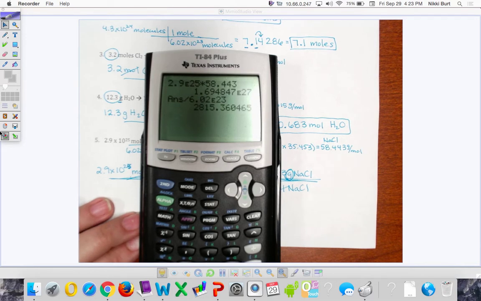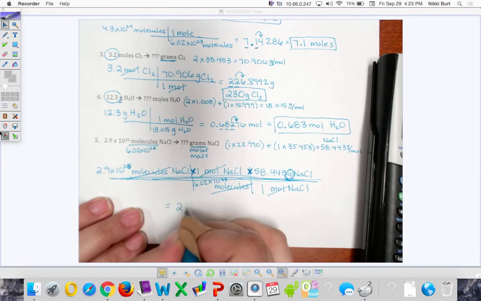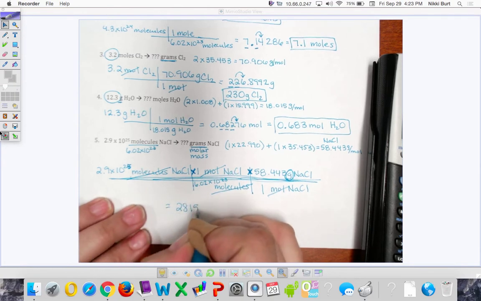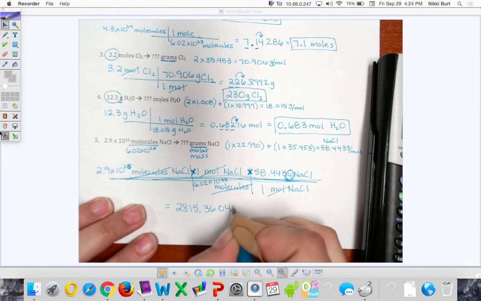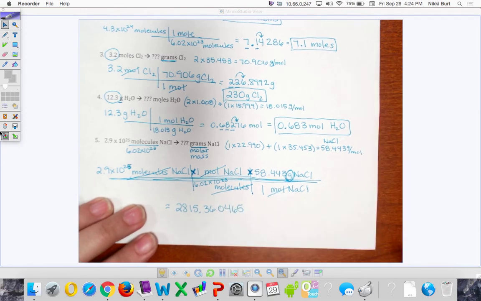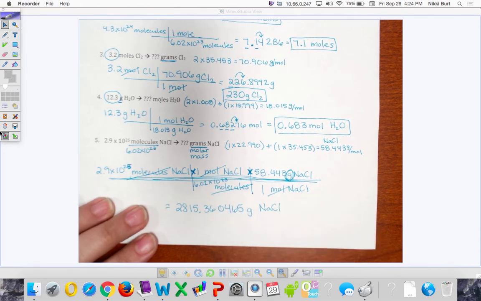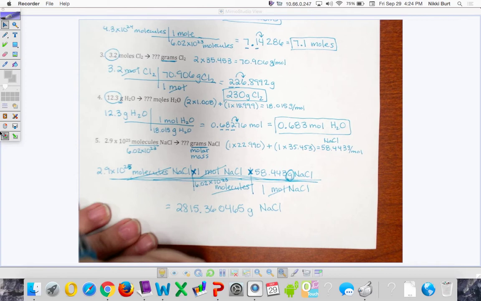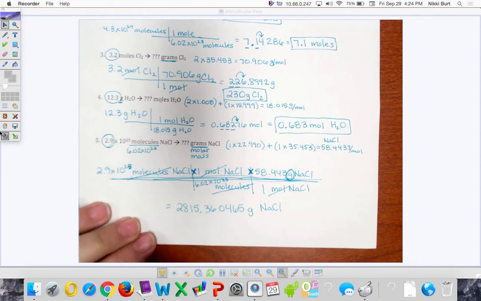So I'll hit divide, 6.02 E23, and I come up with this answer. So this comes out to be 2815.36045. And this was in grams of NaCl.